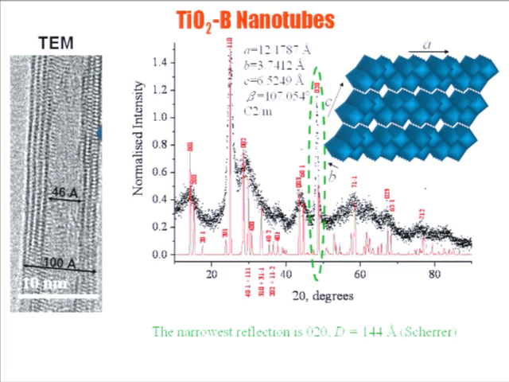If we just use the Scherrer formula, that gives us the size in the direction 010, which is about 140 angstrom. And if you look at the sizes of the tube, the only way that we can place the b-axis here is along the tube, because obviously this size is greater than even the outer diameter of the nanotube. And of course, later on, it was confirmed by electron diffraction.